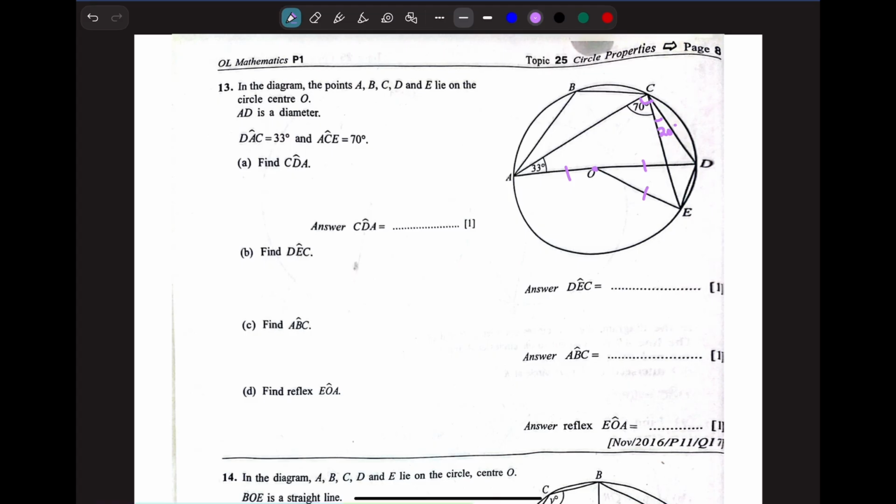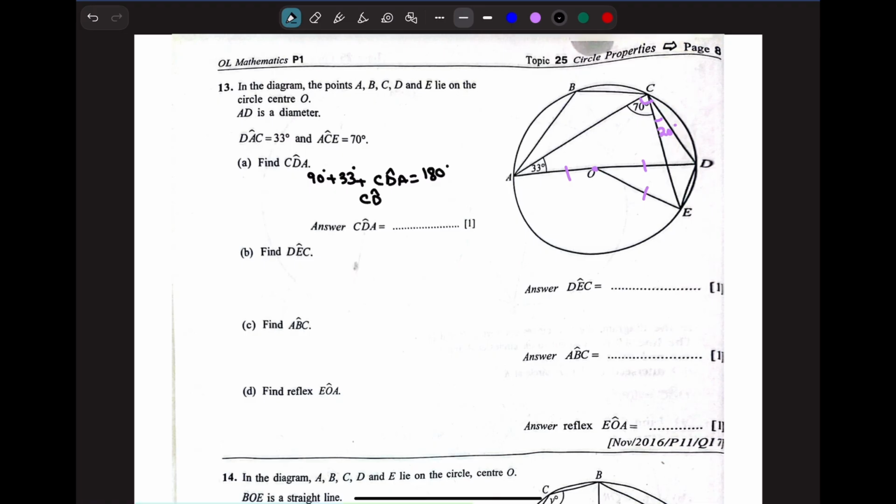Find CDA. So what is CDA? This angle. I think it is very easy if we focus on triangle ACD. This is 33, this is 90. So 90 plus 33 plus angle CDA should be 180, because angles in a triangle sum up to 180.